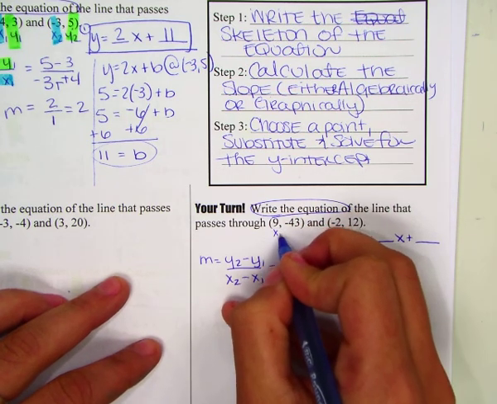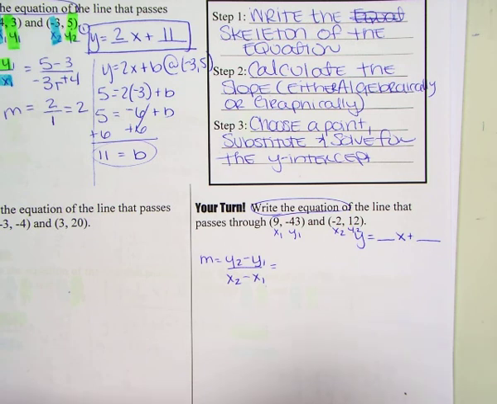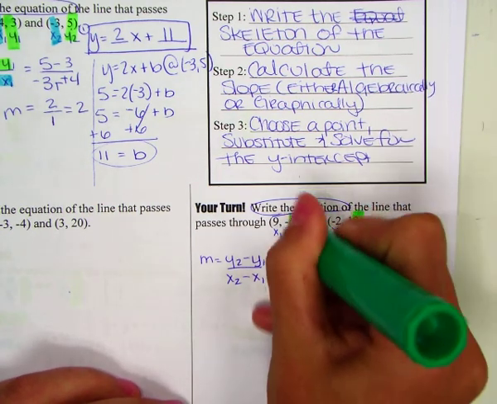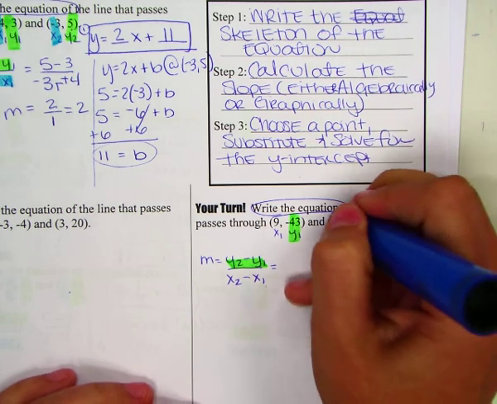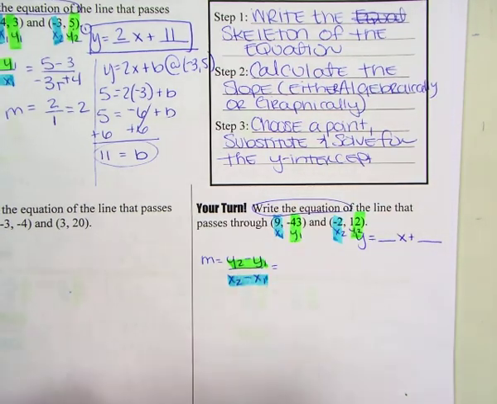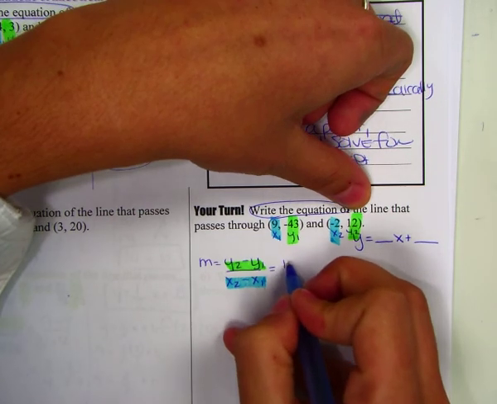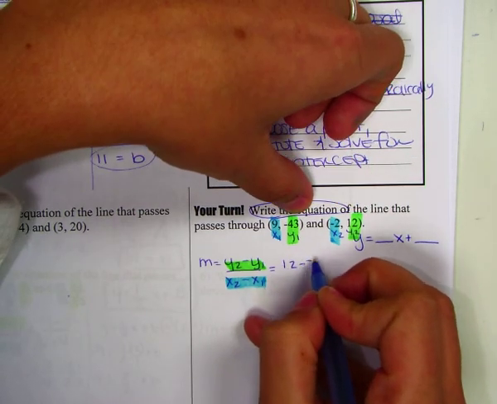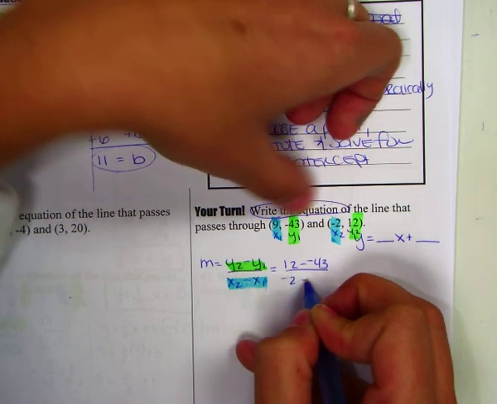Label my points. I'm going to color code because it makes the most sense to me. You don't have to, but again, I don't make mistakes when I do this. Substitute. y2 minus y1 over x2 minus x1.